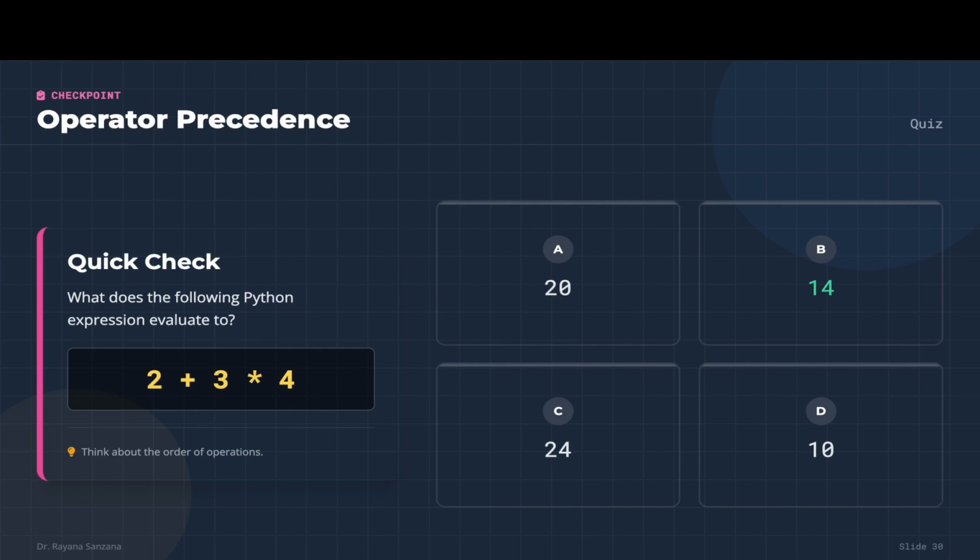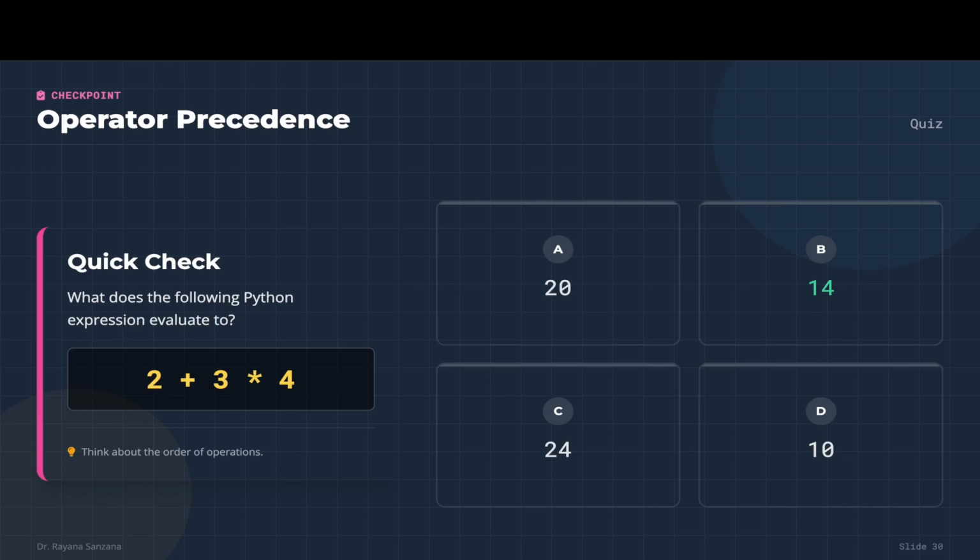So what does 2 plus 3 asterisk 4 evaluate to? The answer would be 14. Why? Python is following the standard mathematical order of operations, PEMDAS or BODMAS. First is the multiplication, which has higher precedence than the addition. So Python sees 3 star 4 first, which evaluates to 12.